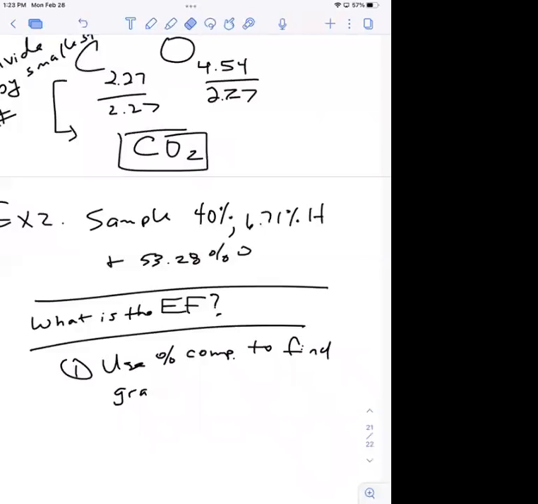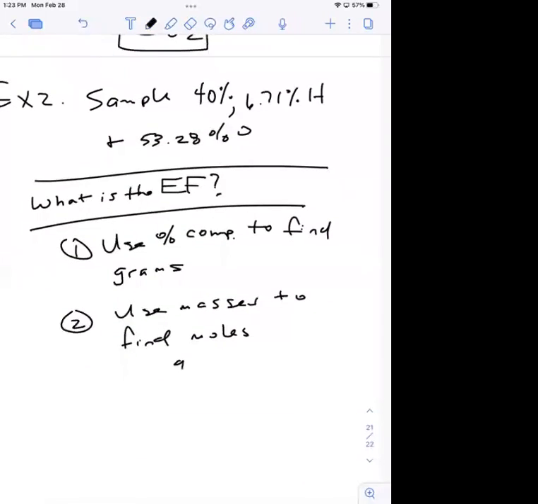So we're going to take that percent composition to find the grams, and then we're going to do what you just suggested, which is to use the masses to find moles, by dividing grams over molar mass, which in this case is the atomic mass of each element.